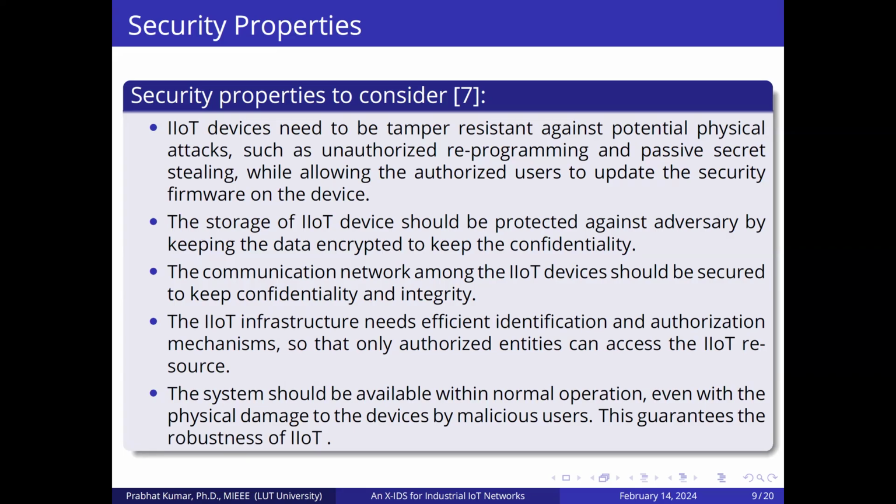These are some generalized things that are going to happen, but there are more use cases that can cause some security issues in the whole network. For example, the first line talks about IoT devices needing to be tamper resistant against potential physical attacks, because if the devices at the bottom have been tampered with, they are not going to collect the data for which they have been programmed.